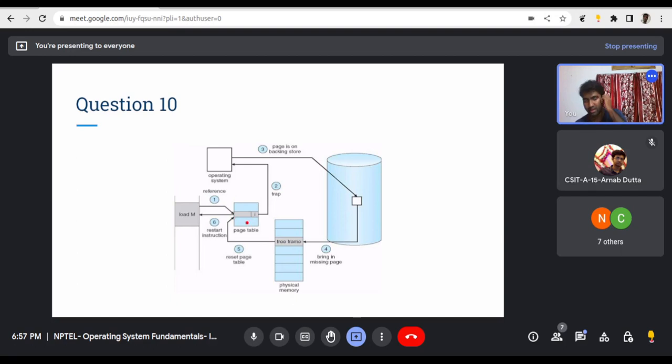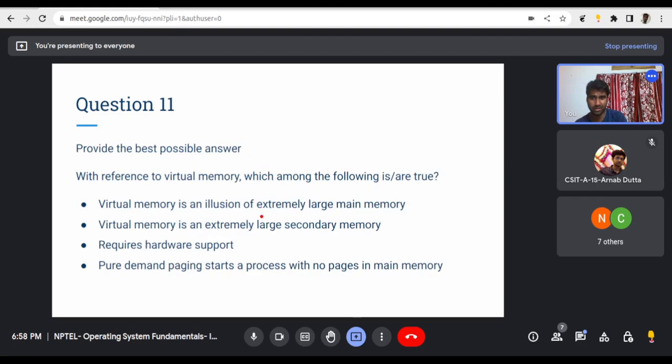Since the page table is a part of the main memory, parts of that page table need to be updated dynamically. So all those require hardware support. Okay, virtualization concept. And yes, it is true that virtual memory is an illusion of an extremely large main memory. So except for B, the rest of the statements are true.